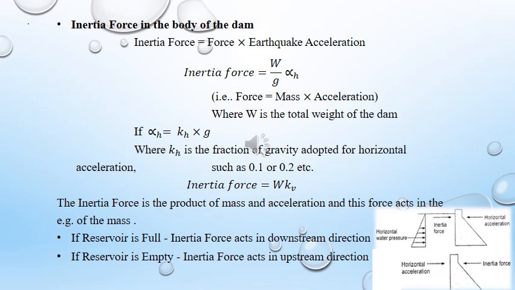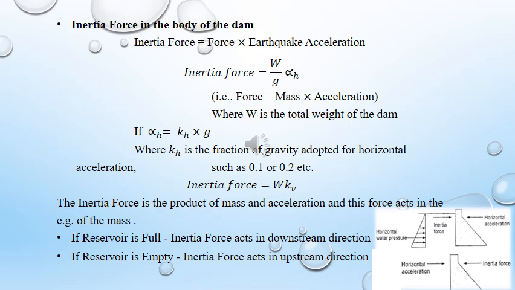So, horizontal inertia force is equal to the product of the mass of the dam and the acceleration in horizontal direction. This comes out as the inertia force, mass W by g, into the acceleration in horizontal direction, alpha h.